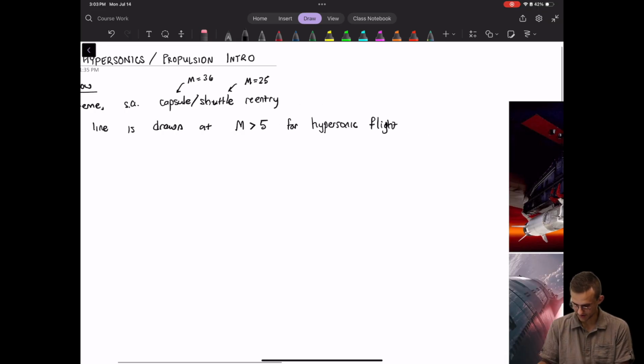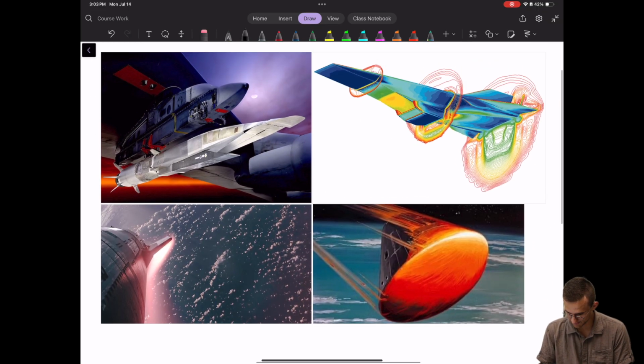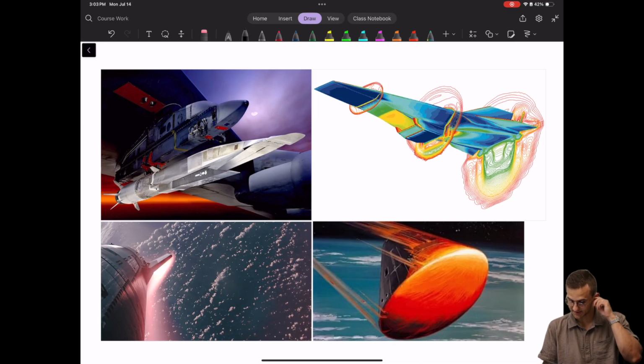Here are some images. The top right is a simulated aircraft, just a concept; I don't think it was ever actually constructed. On the top left, you can see a hypersonic missile or weapon system, and then those re-entry processes that I alluded to before: the capsule on the bottom right, and Starship on the left.